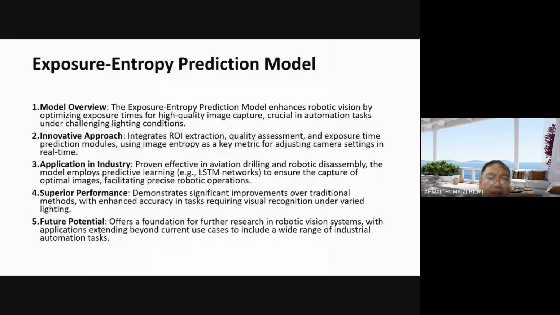Exposure entropy prediction model. It enhances robotic vision by optimizing exposure time for high quality image capture, crucial in automation tasks under challenging lighting conditions. So what we can easily understand is that when we operate, we have lighting.